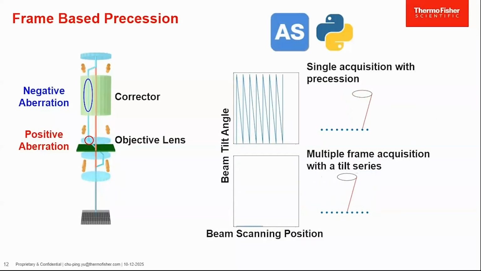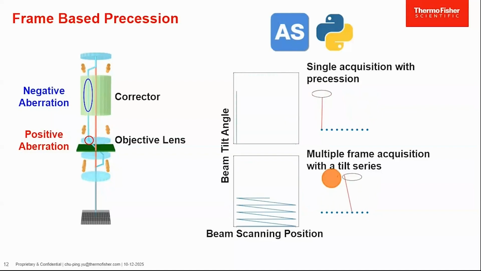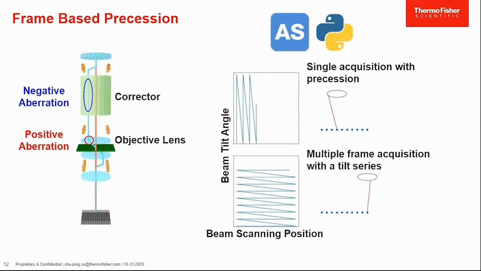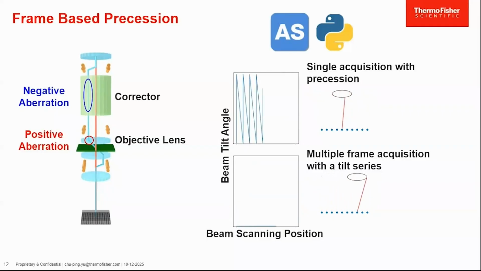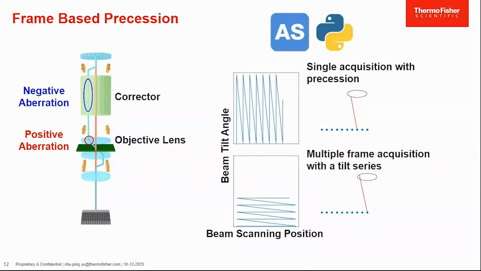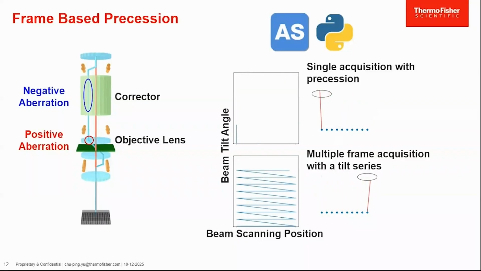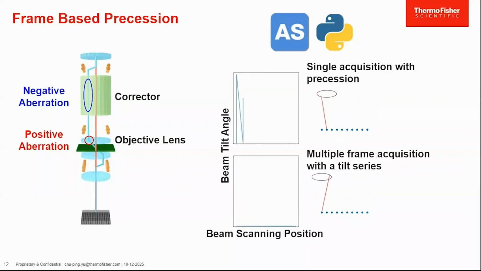Instead, what we do here is fix the tilt angle, scan through the whole region of interest, and change the tilt angle in each step to create a discrete sampling of that cone illumination. Eventually we can integrate over the whole data set to create a similar effect of a continuous precession.